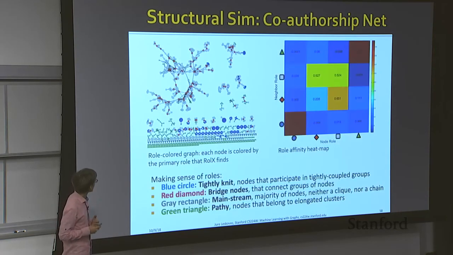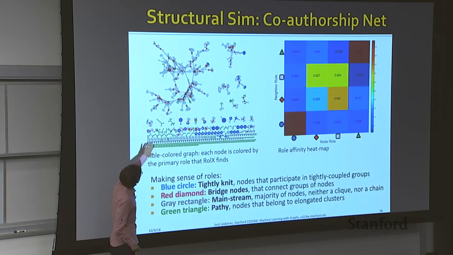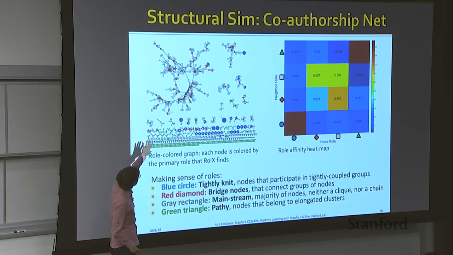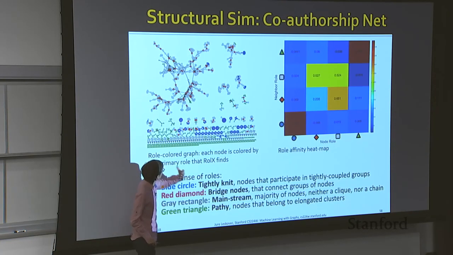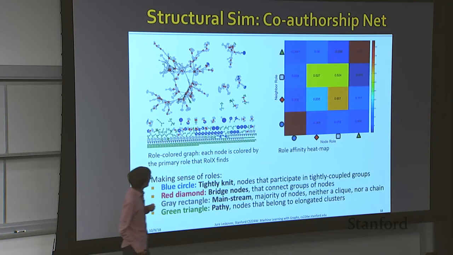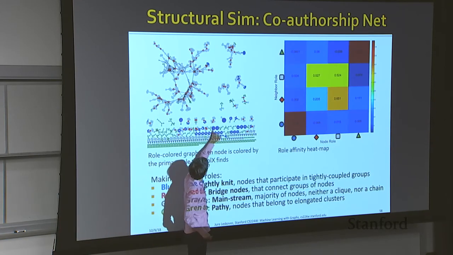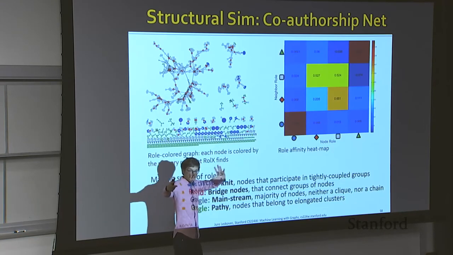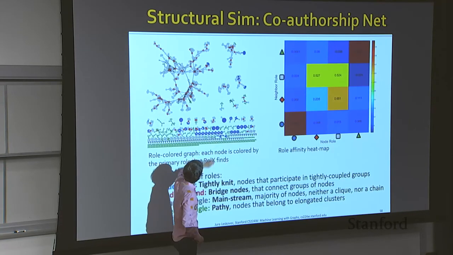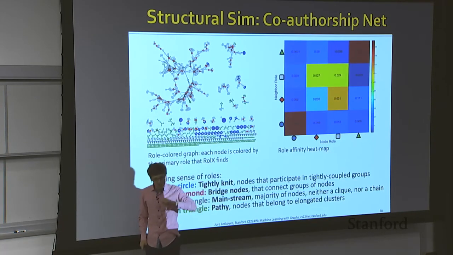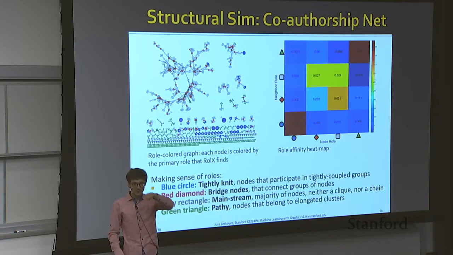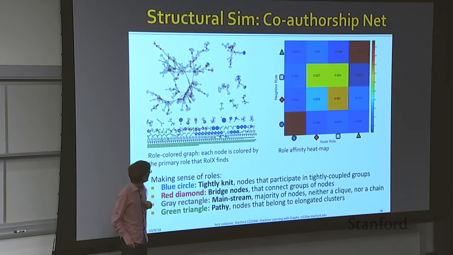Here is an example. This is the co-authorship network, and this is exactly what I showed you before. The three roles that the method found were the roles of cliques of authors. These are big papers that people write together. These centers of stars, you could think of them as professors or advisors who work with a lot of their students.